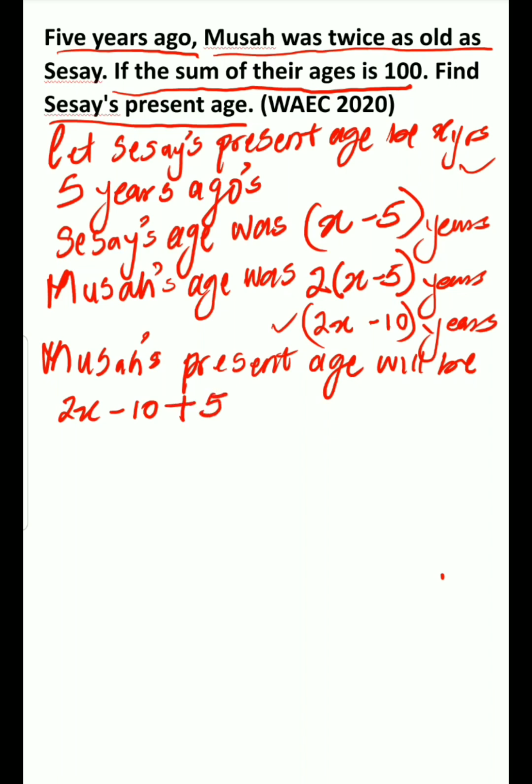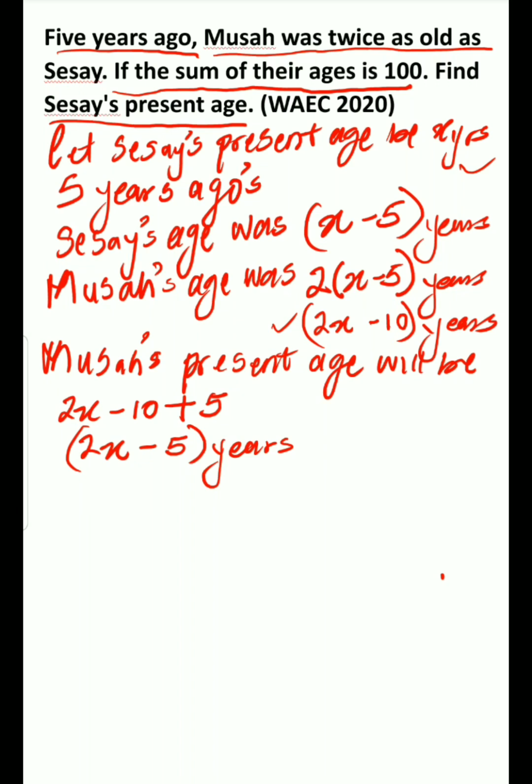That means his current age now, he must have added 5 years after. So that is 2x minus 10 plus 5, that is minus 5. So Musa's present age is 2x minus 5 years.